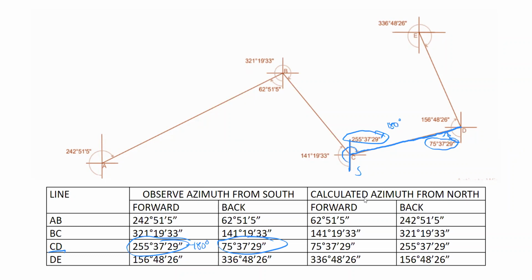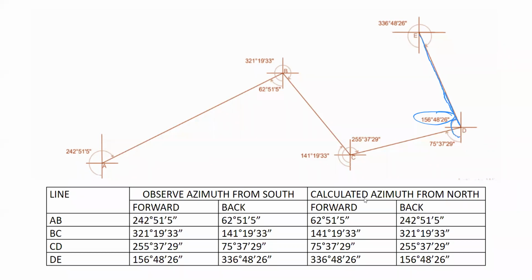Okay. Next naman, we have line DE. So, this is your line DE. From the south, measure tayo ng the azimuth. So, meron tayo nakuhang 156 degrees, 48 minutes, 26 seconds. So, etong line na to, ano yung back azimuth niya?